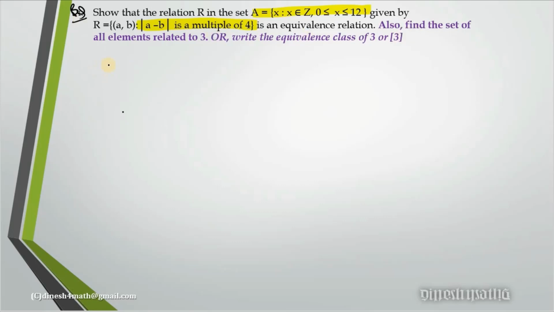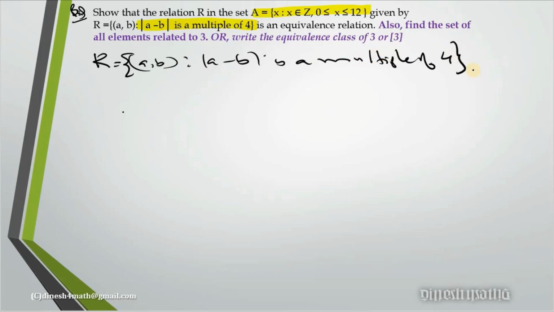In the beginning, we have to check what is the relationship. So R is equal to (a, b) such that a minus b is a multiple of 4, and it is defined on set A. So first we are looking for the reflexive relation. That means an element a should be related to itself.